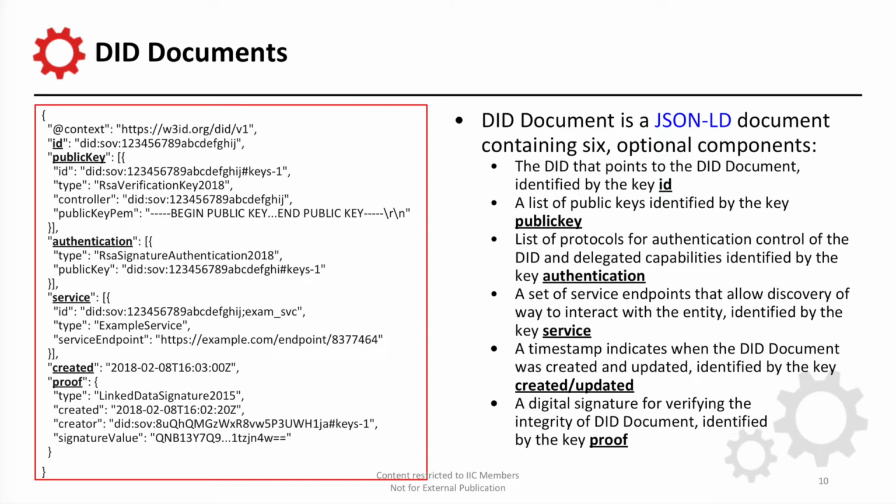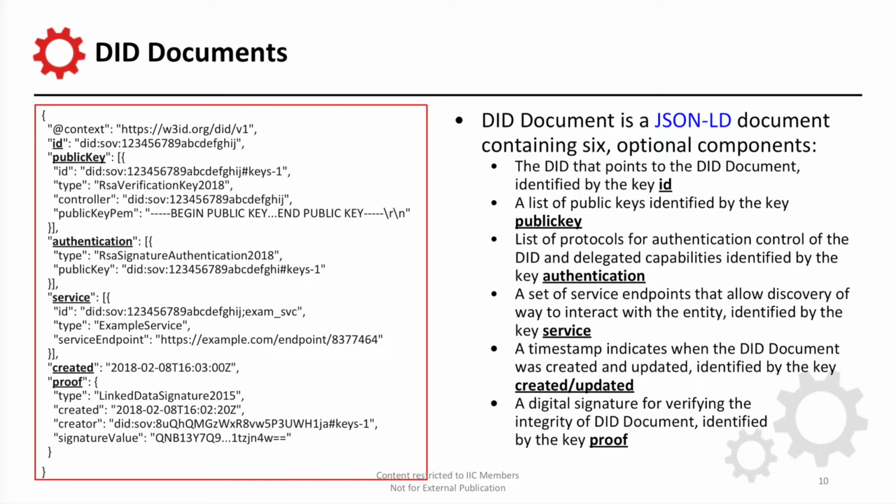You have the ID here. That's a string you'll see before. You have a list of public keys for different purposes. One public key will be used to show you control this DID document. They will tell you which authentication method you need to use in order to challenge you on whether you know the private key.